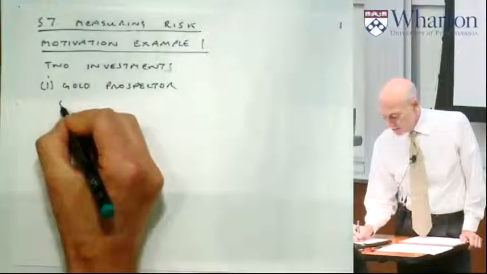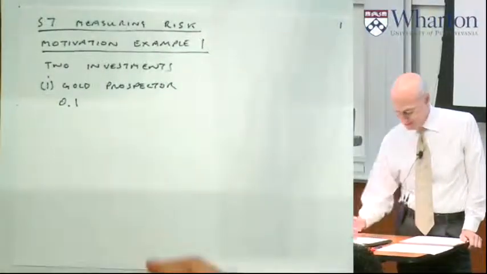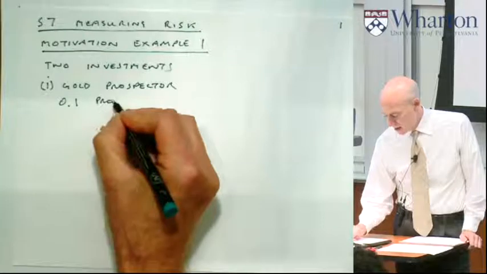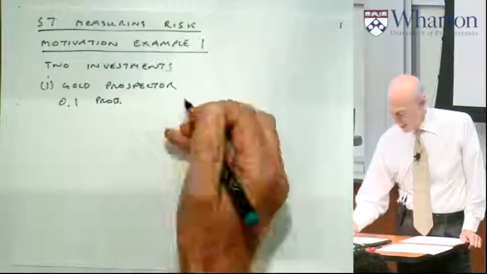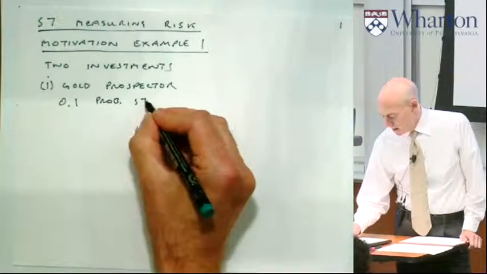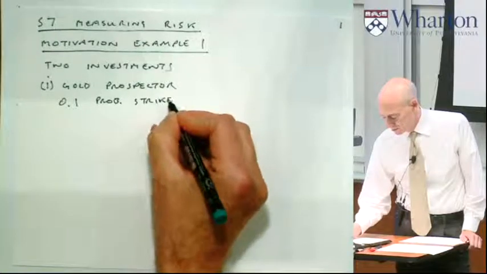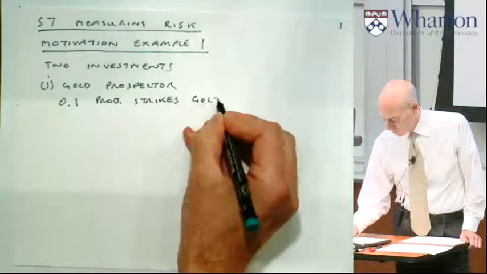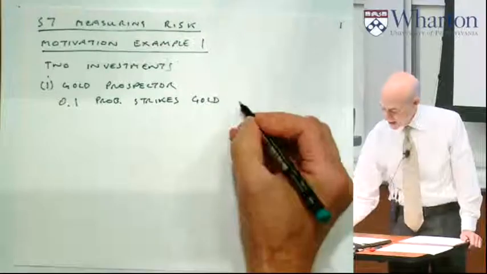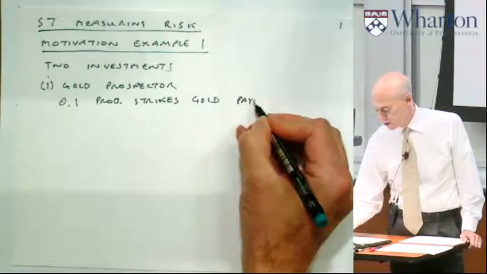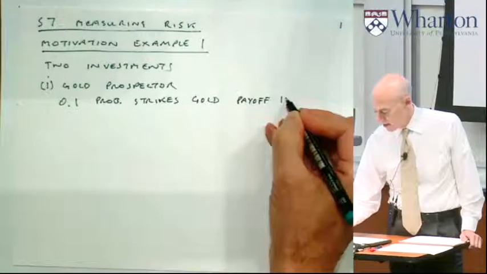Now there's a 10% probability that he strikes gold, and if he does that, the payoff on your stock is 100.